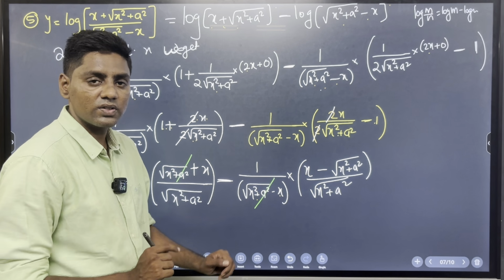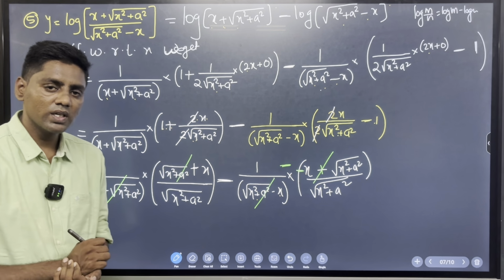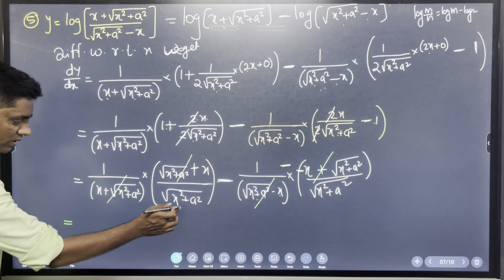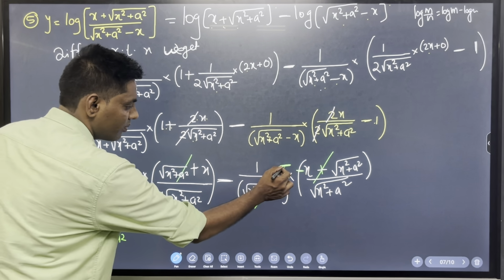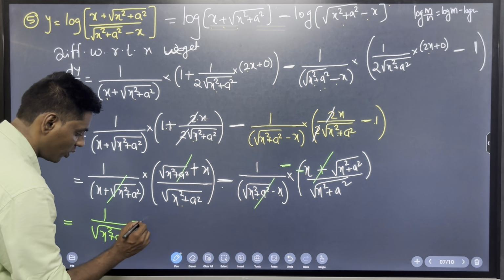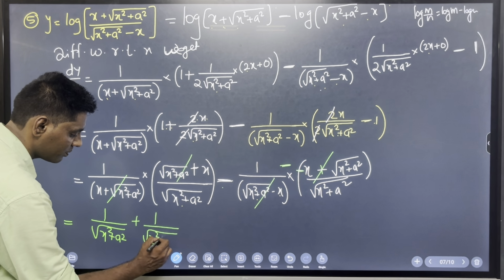So if we take the minus sign common, it becomes negative and becomes positive. Then you cancel both terms, and what is remaining here is the bracket, under root of x square plus a square, and minus minus becomes positive 1 upon under root of x square plus a square.